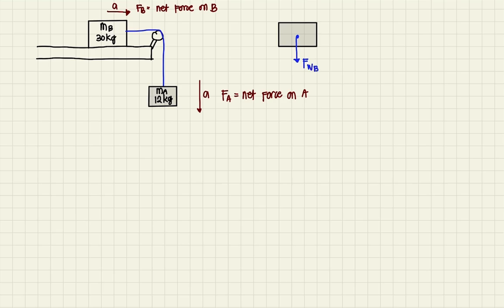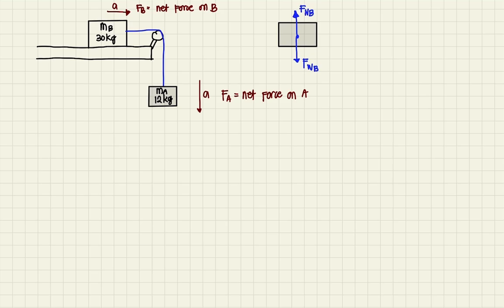Remember, for convention, we use F_W for weight. And then we have an upward force, F_NB, a normal force, which we're going to talk about in the next discussions.